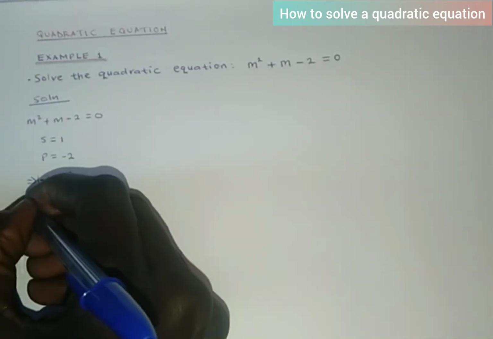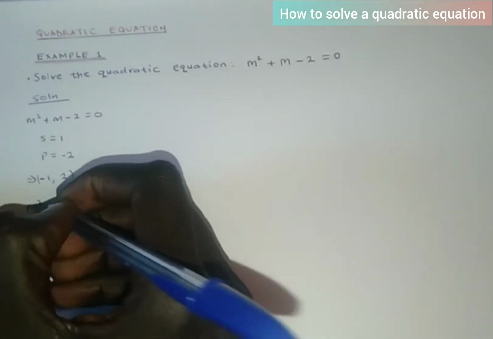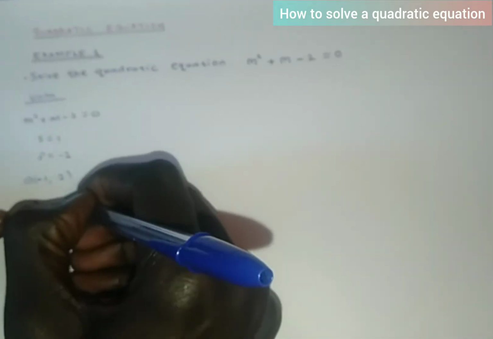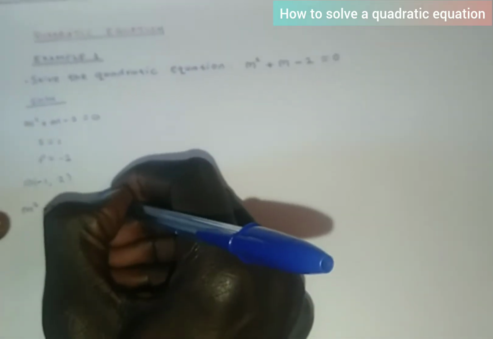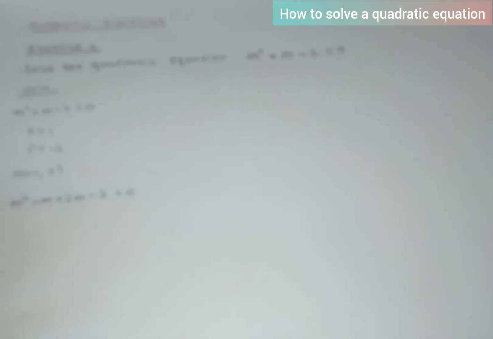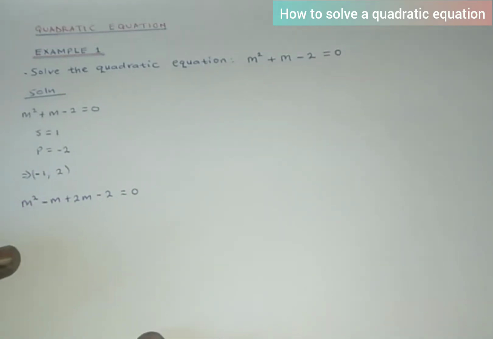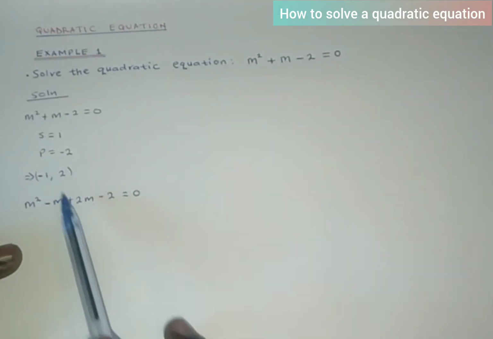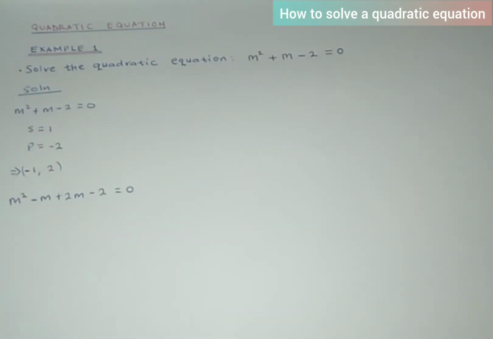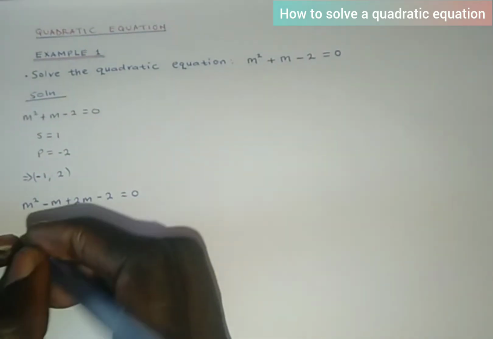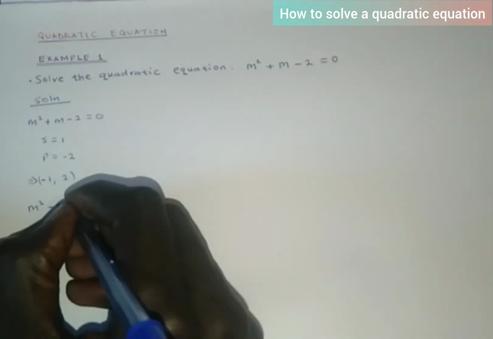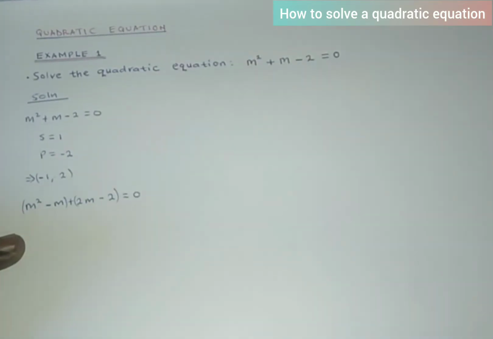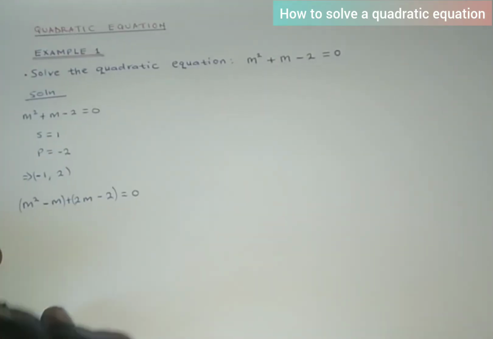So we'll have m squared minus m plus 2m minus 2 is equal to 0. As you can see, we have placed these two numbers into the formula, and we make each of them an independent term. So let's factor.